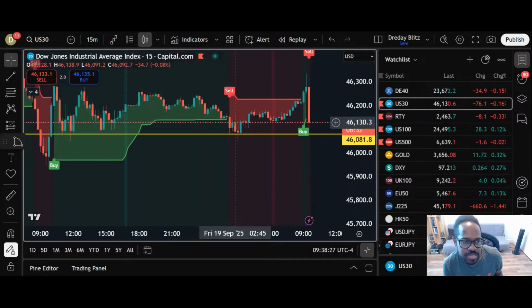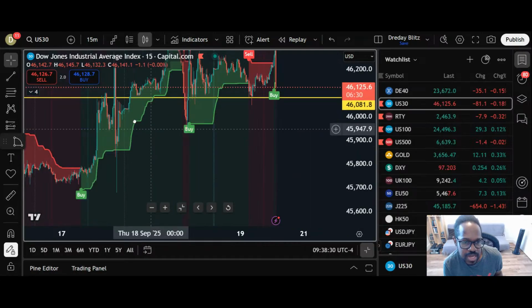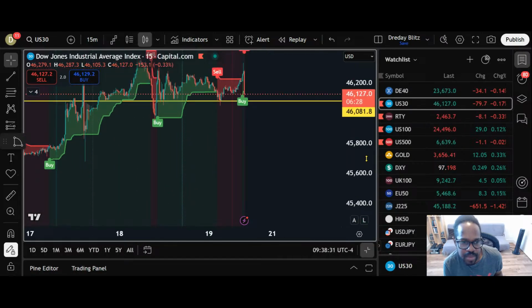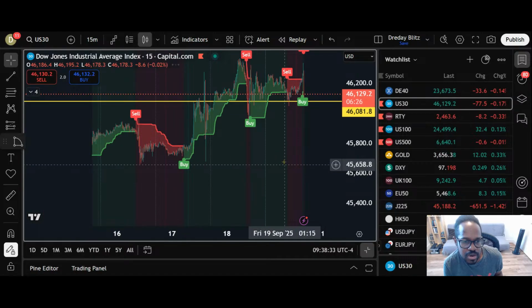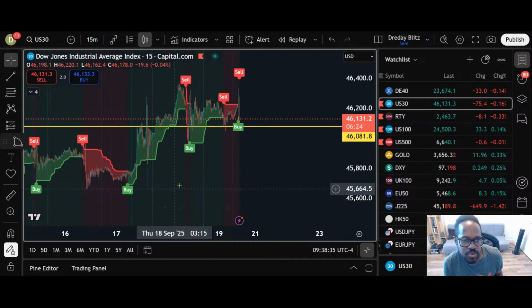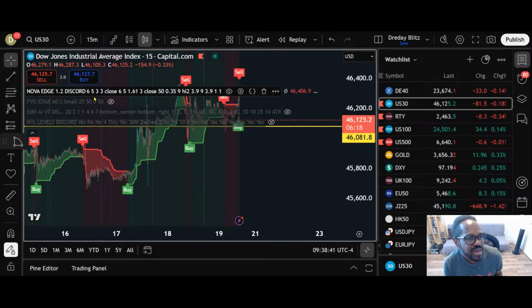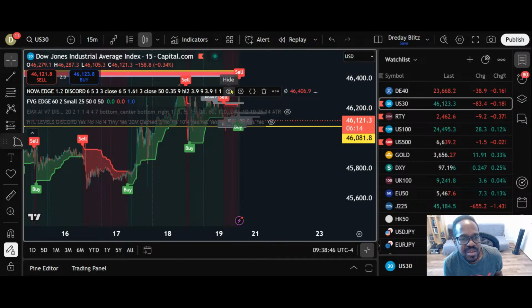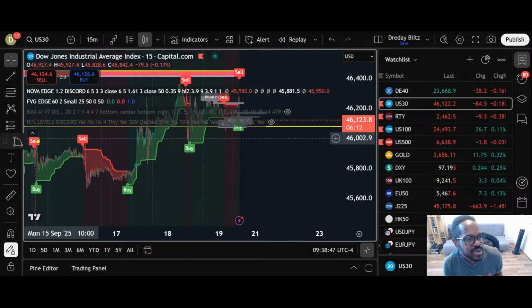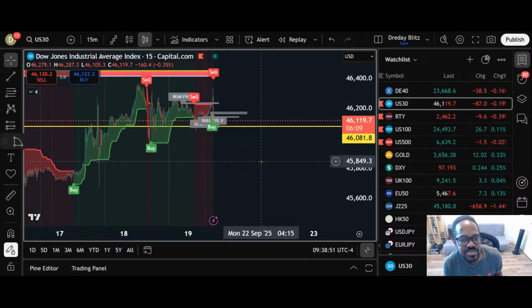And I'm expecting that too, because of what? We have some fair value gap here at the bottom for US30 and Russell 2000. So let's look at the fair value gap. I also have the fair value gap indicator.